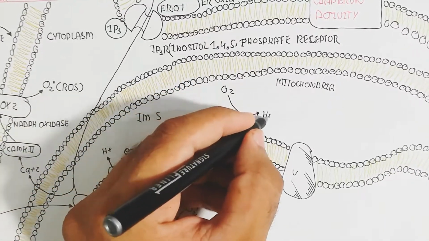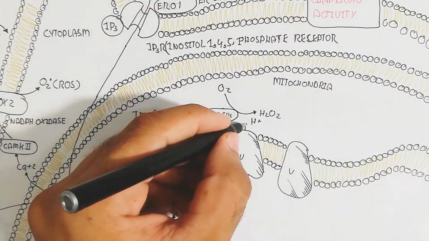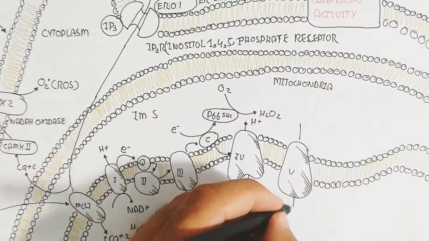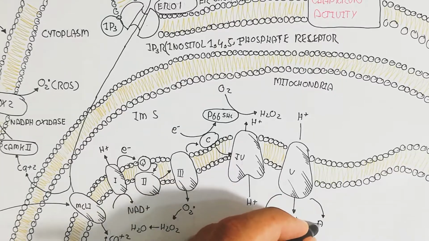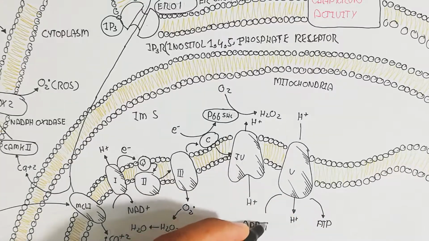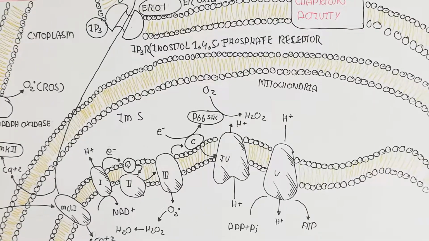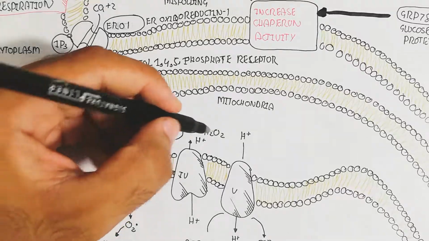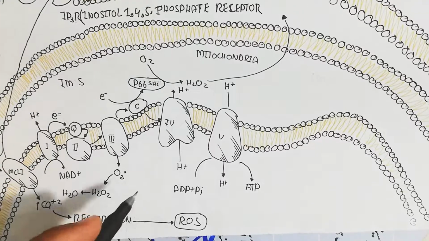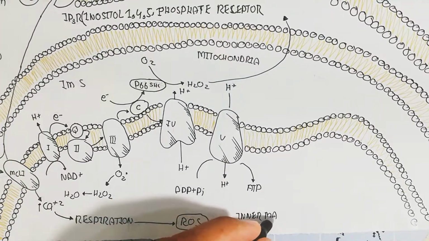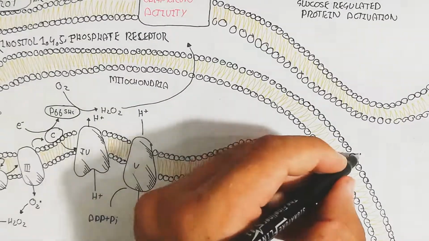In this way complex 2 and complex 3 will release the reactive oxygen species, and the cytochrome electron will be used to produce the protein p66SHC. In this way the oxygen will be triggered to produce hydrogen peroxide through protein p66, and this hydrogen peroxide will go into the cytoplasm, and the proton influx will lead to produce ATP.